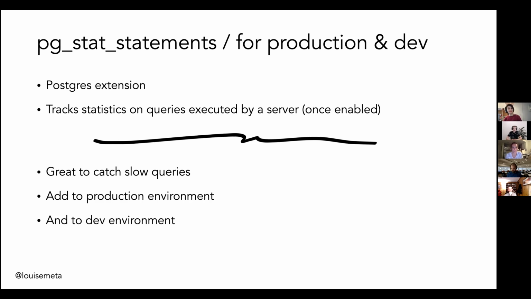What pg_stat_statements does is track statistics on the queries that are executed by a server. It's really useful. I will show you in the next slide how to catch slow queries using it. I really recommend using it in both production and dev. I know that it can sound a bit scary to add something that is tracking queries, because it feels like it could slow things down, but it's actually not.